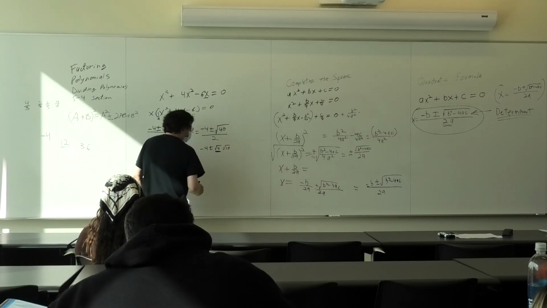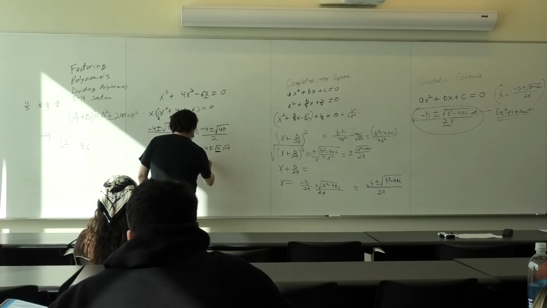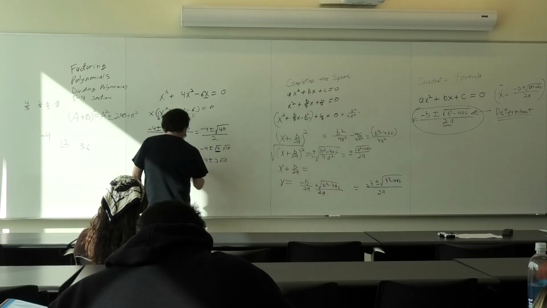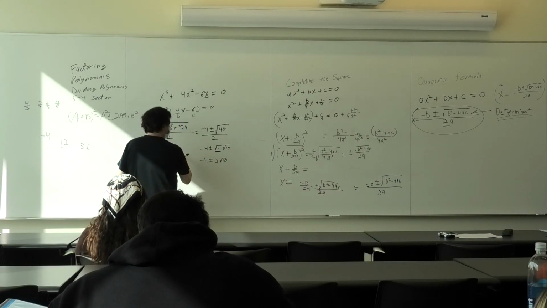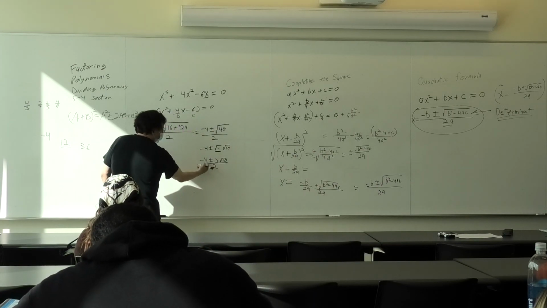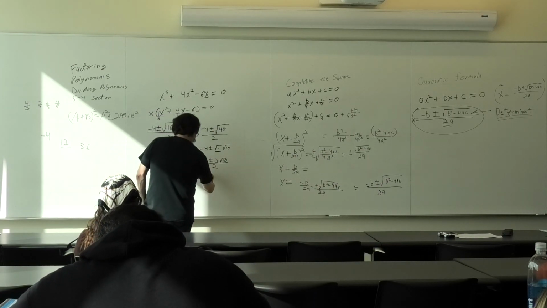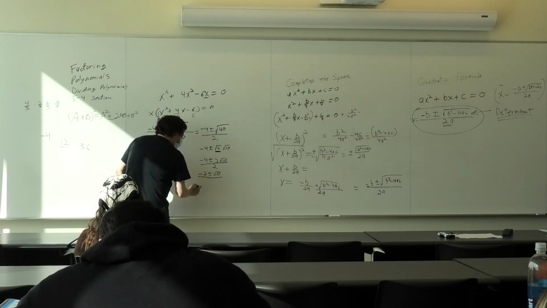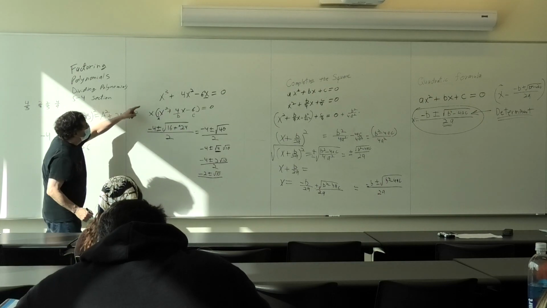And the square root of 4 is 2. So I have minus 4 plus or minus 2 square root of 10. And now I can divide by 2, so I get negative 2 plus or minus the square root of 10. So those are my two other solutions.